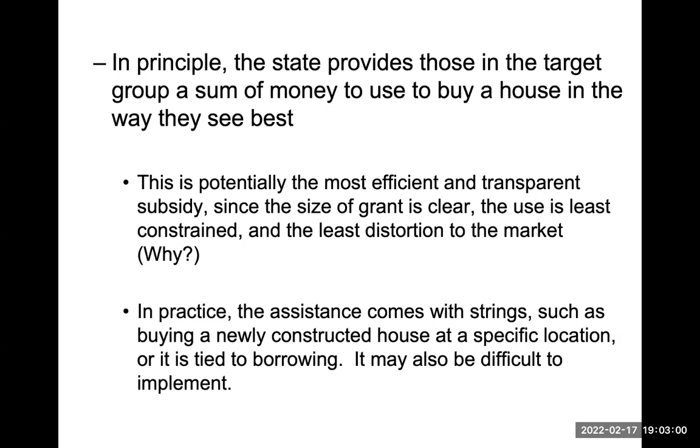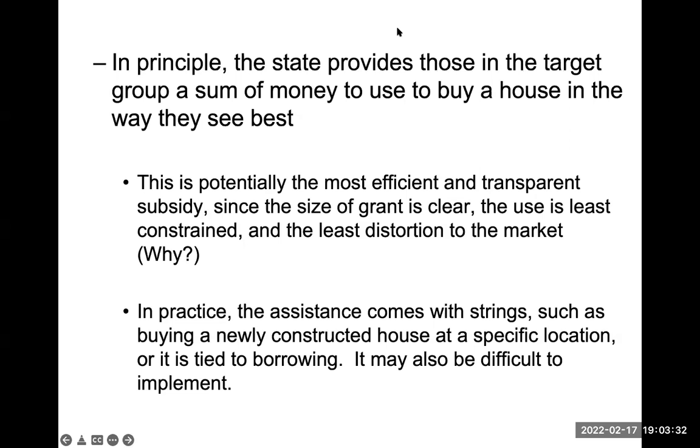At a fundamental level, if we try to build up a principle, we would say the state would generally provide a target group with a sum of money to use for buying a house in a way that they see best. So this is at principle level.